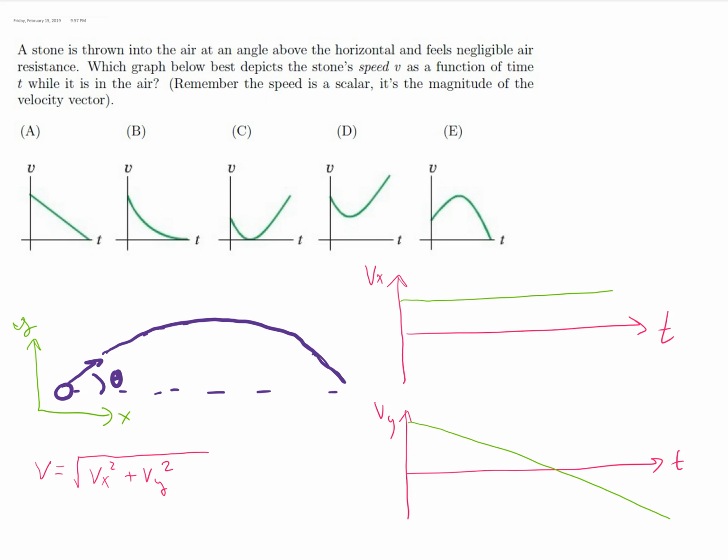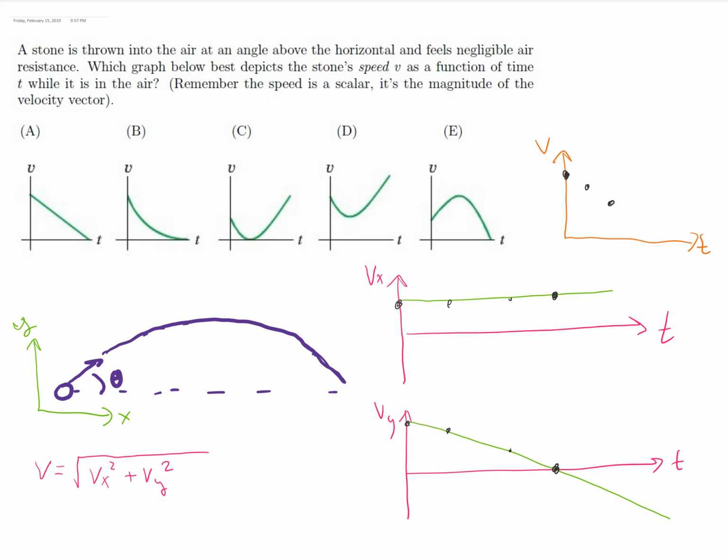And so if you think about what that's going to be at each of these points, that speed as a function of time, let's see, what about here? It's going to be something positive here, something a little smaller here, something smaller here.